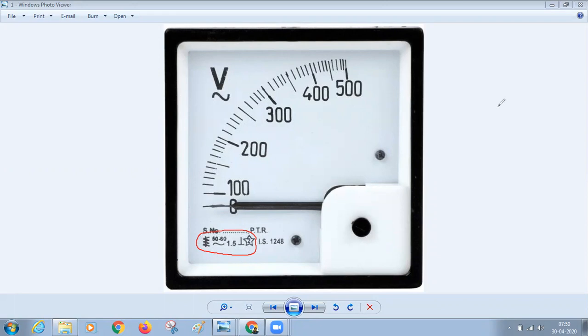The first symbol, this one. When the symbol is given like this, it indicates the type of the meter. You know that there are three types of meters, which are PMMC meter, moving iron, and electrodynamometer, so dynamometer type.